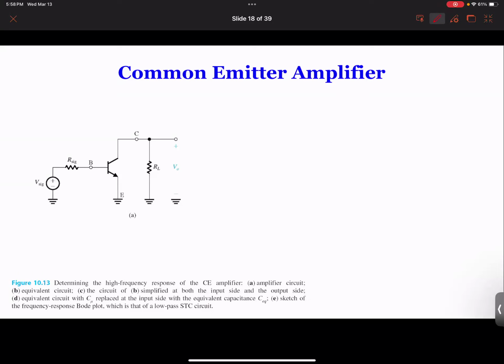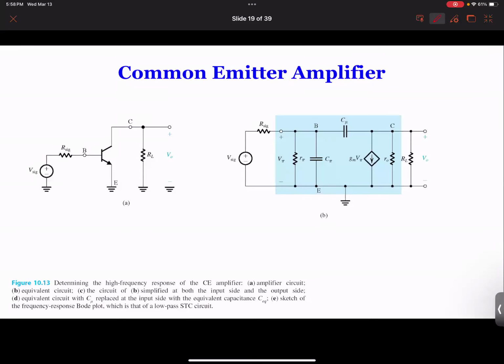So after we finish the common source amplifier, then naturally we would go to common emitter. Now with the common emitter, we already know that the circuit is pretty much the same, except for this R pi. So if we draw the equivalent circuit, the difference between these two is simply adding R pi.